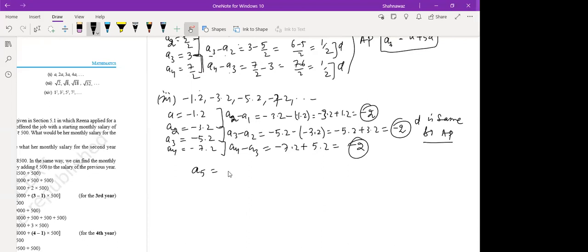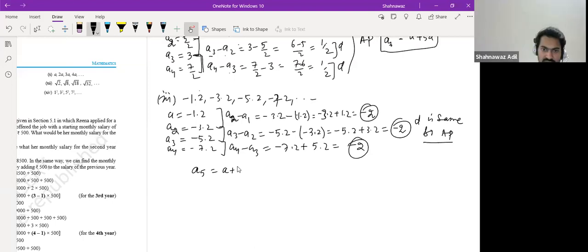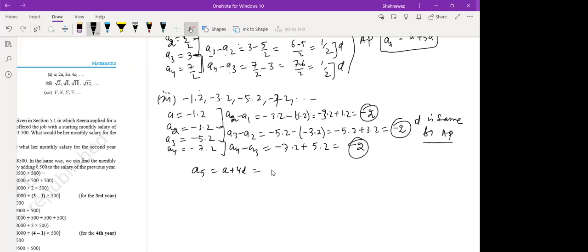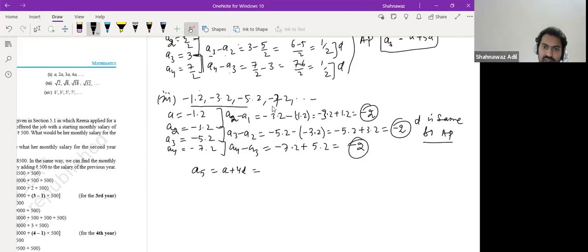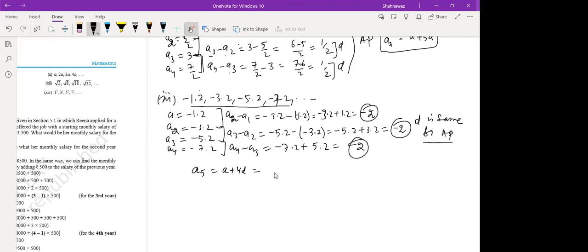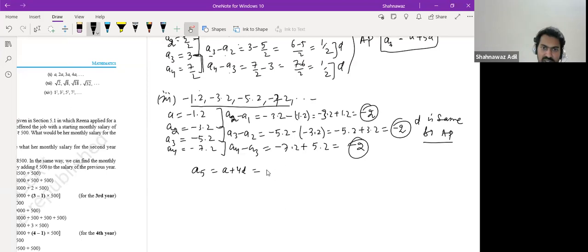It will be A plus 5 minus 1 into D, which is 4D, correct. So what is A for this series? What is A for the first term?